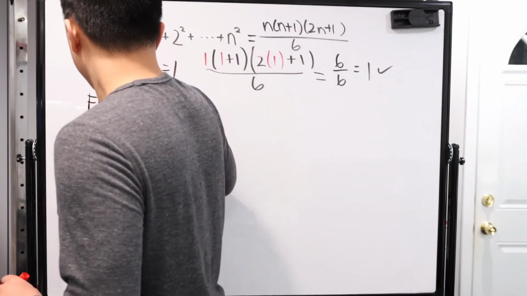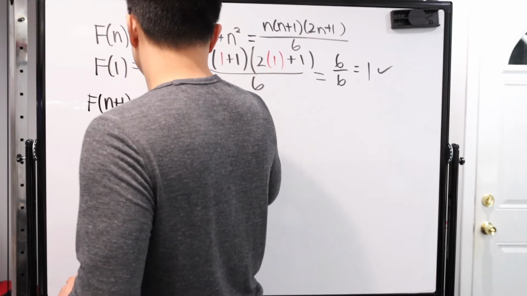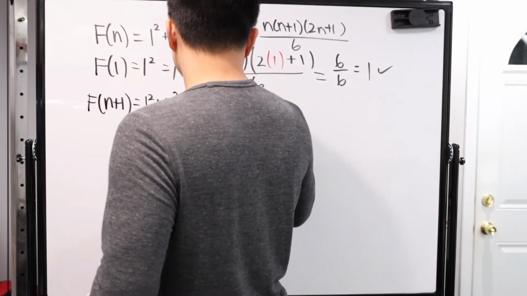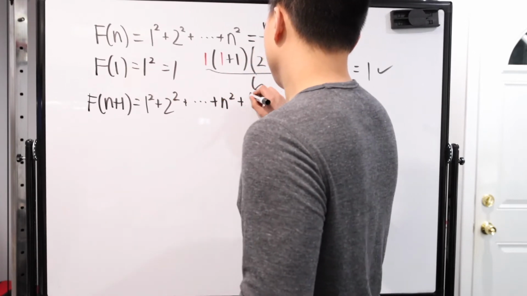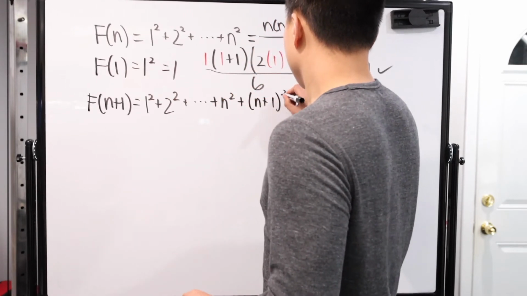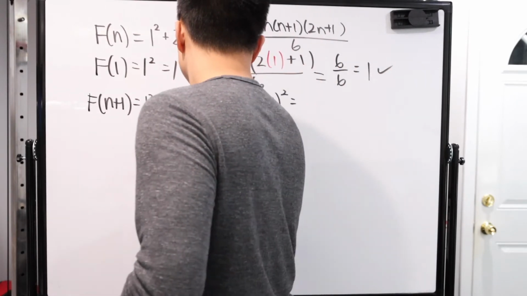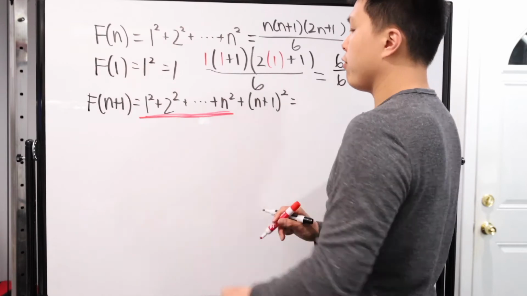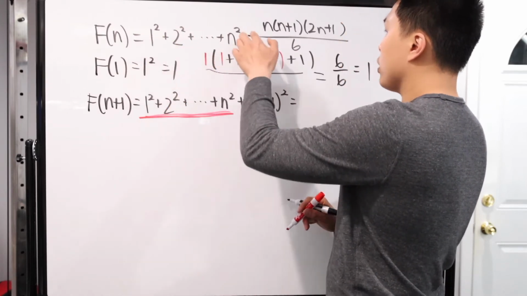F of n plus 1 is just 1 squared plus 2 squared plus blah, blah, blah, plus n squared plus n plus 1 squared, right? And we know, based on our assumption, that this is true for just f of n, right? So we know that 1 squared plus all the way to n squared is just this right here.